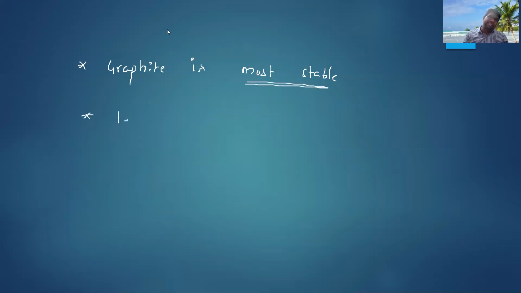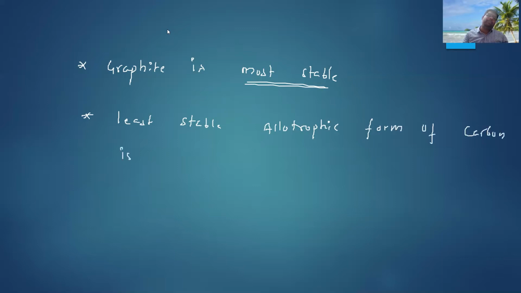Which one is the least stable allotropic form of carbon? This is fullerene. So fullerene is the least stable allotropic form of carbon. The more stable allotropic form of carbon is graphite.